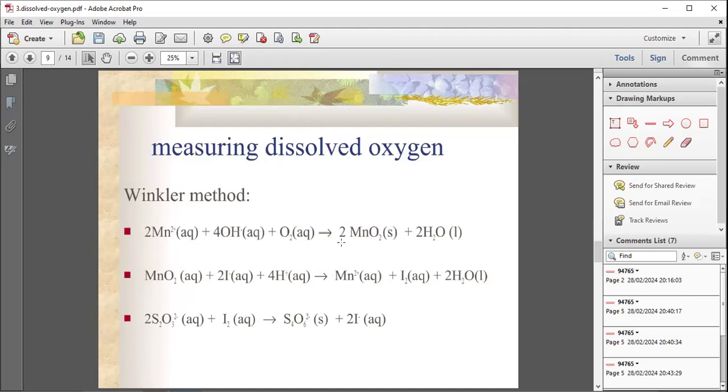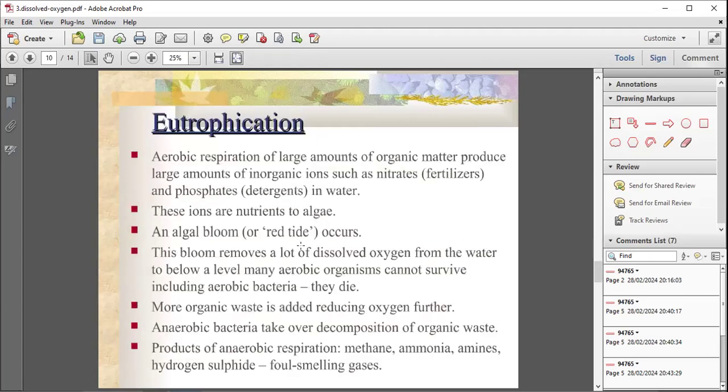This is the reaction: MnO2 solid is the precipitation, plus H2O. MnO2 plus 2I iodide plus 4H plus. Manganese plus aqueous, 2H2O3 plus I2. This one, right?